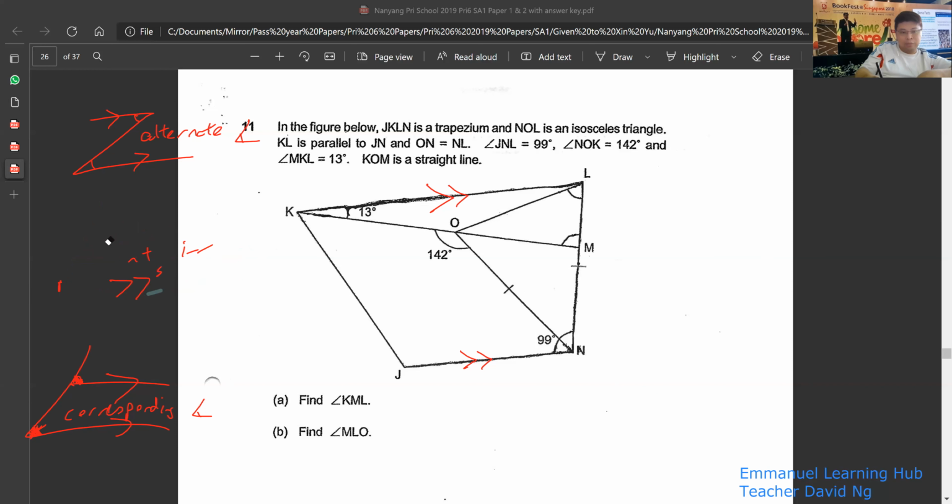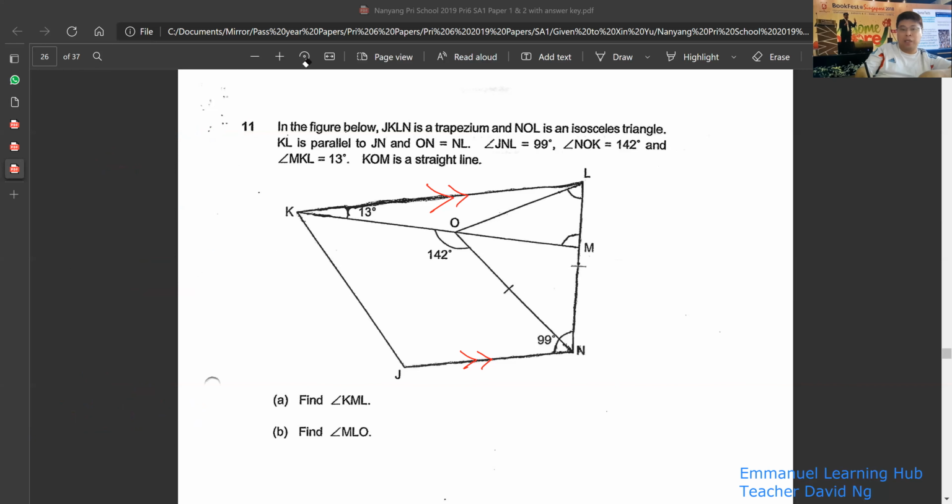Okay. Complementary angles means the two angles add up to 90 degrees. Okay, don't mix up these two. Supplementary angles, complementary angles.